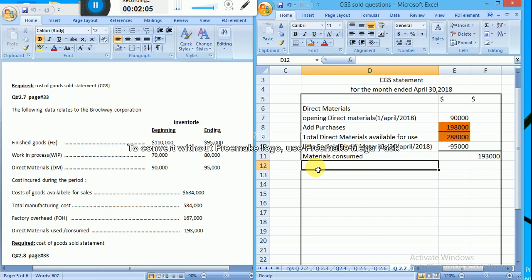So we will find out the direct labor cost. Simply this is also called direct wages. Sometimes in the statement, instead of direct labor cost, we write wages cost or direct wages. That is unknown.